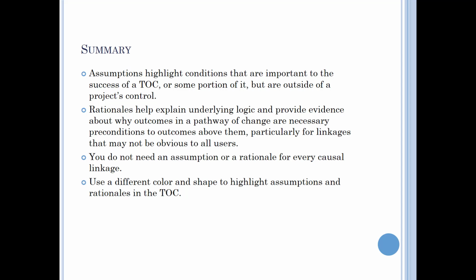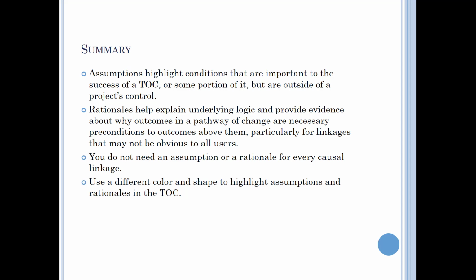Rationales, on the other hand, help explain the underlying cause and provide evidence about the causality, why outcomes in the pathway are necessary for achieving other outcomes that are above them. So this is important for helping to understand the causality behind your theory of change tree.